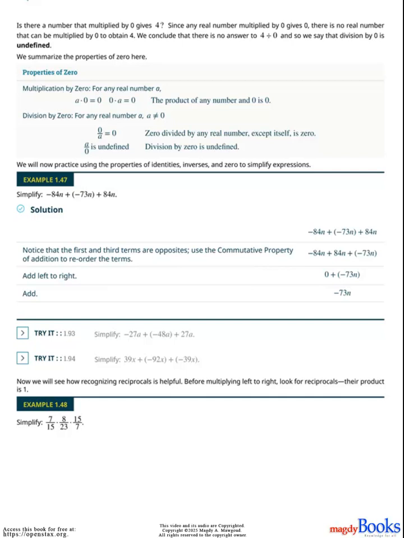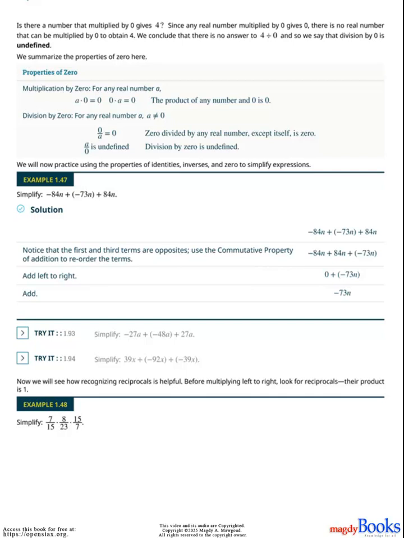Use the commutative property of addition to reorder the terms. Negative 84n plus 84n plus, open parenthesis, negative 73n, closed parenthesis. Add left to right. 0 plus, open parenthesis, negative 73n, closed parenthesis. Add negative 73n.